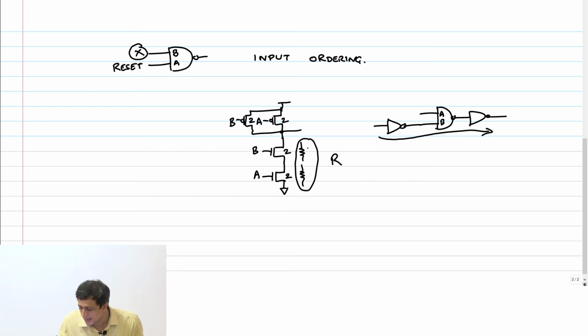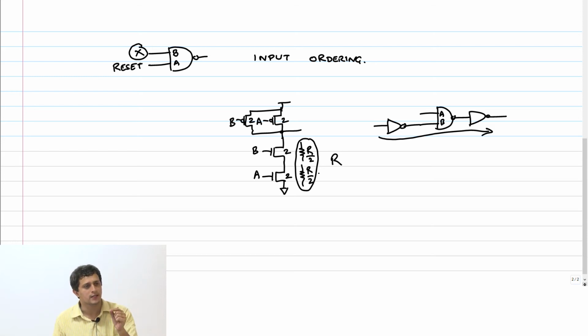Okay, and we made this equal to R by 2 and R by 2 in our original sizing, where I could not choose between the two inputs. The two inputs were equivalent, and in most cases that's how it is. A and B are equivalent. Of course, even there with input ordering, I could slightly give preference to one input over the other, but the logical effort of both inputs is still 4 by 3. Doesn't change, right?